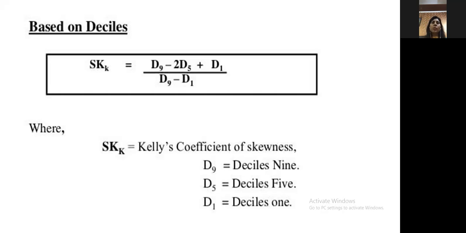All these measures will be applied there one by one, and we will understand in depth the calculation based on the data given and how this asymmetry occurs in the data. This is a detailed explanation of skewness, and the problems will be discussed in the next session in detail.